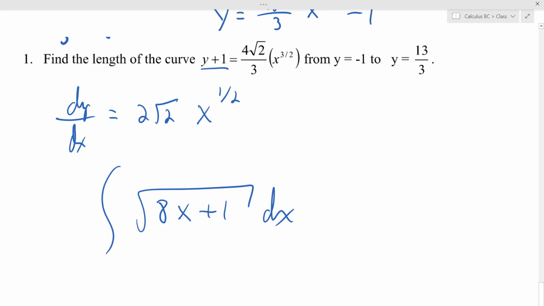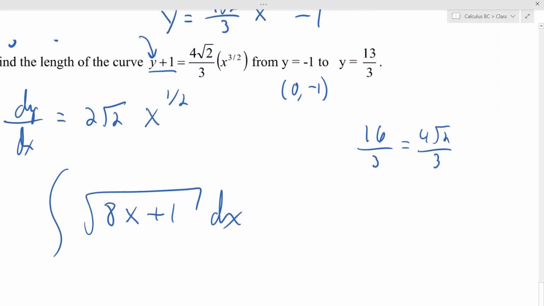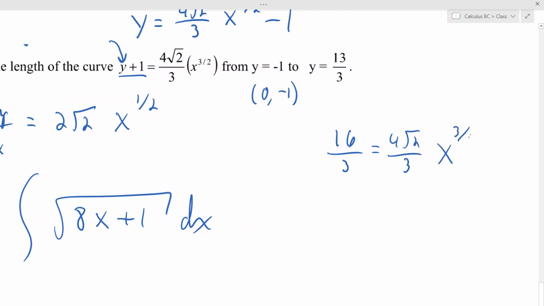But if this side is 0, then this side has to be 0, and the only way for that to happen is if x is 0. So we have the point 0, -1. That's when y is -1. And if I put 13/3 in here for y, I need to do 13/3 plus 1, which is 16/3, so that equals 4 root 2 over 3 x to the 3 halves.